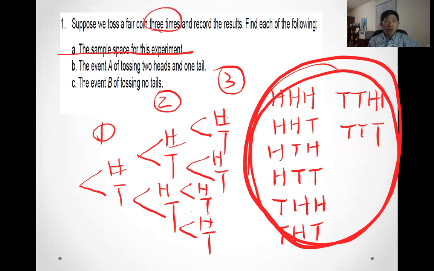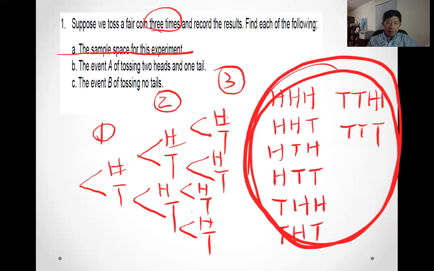The next question is the event A of tossing 2 heads and 1 tail. I'm going to change the color here, so you can see, okay? So here, how many chances do we have to get 2 heads and 1 tail?